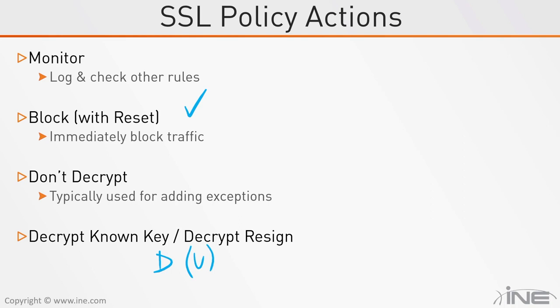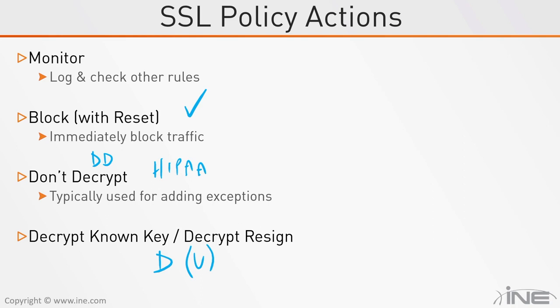But in certain cases, there will also be websites that you will not want to decrypt. For instance, based on certain regulations, like HIPAA, or maybe you're not allowed to decrypt communications sent to financial websites. That would be an example of where you would go for the don't decrypt action.